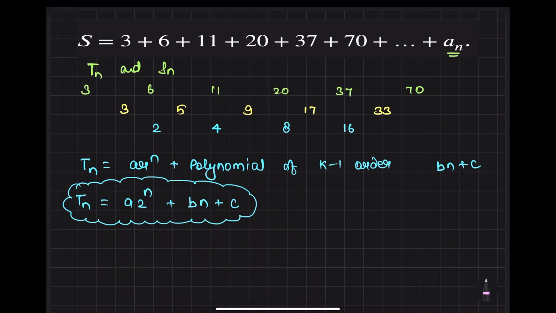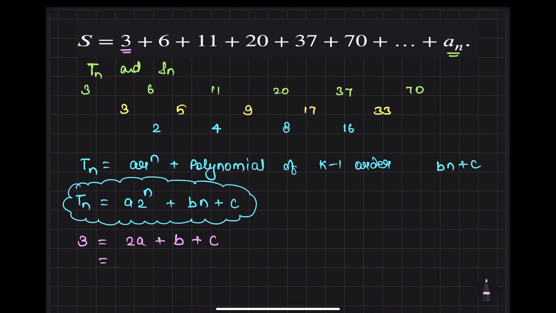First we will try to find the values of a, b, and c. Suppose we are interested in finding t1. In place of n you write 1. So can I write 2a plus b plus c? According to us, term 1 is 3. Now suppose we want term 2, t2. In place of n we write 2.